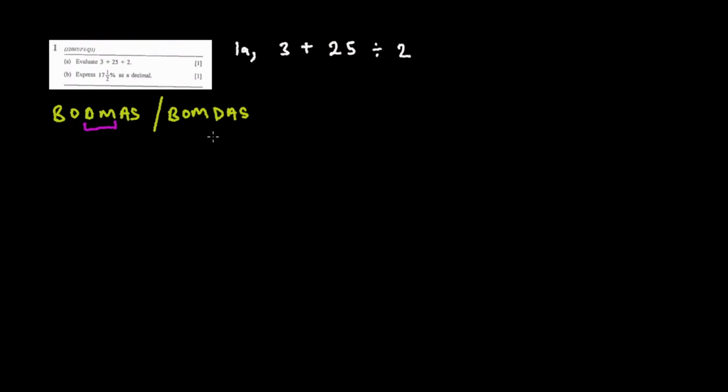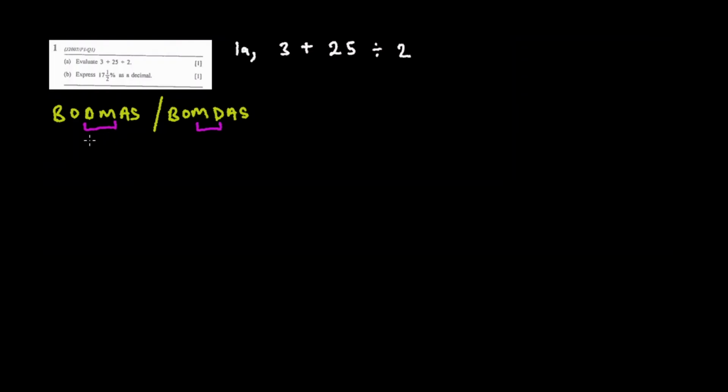But BOMDAS starts with M, then D, telling us we can start with multiplication and then division. So what we take from here is division and multiplication are interchangeable. It does not matter which operation we start with. We are not going to alter the result.